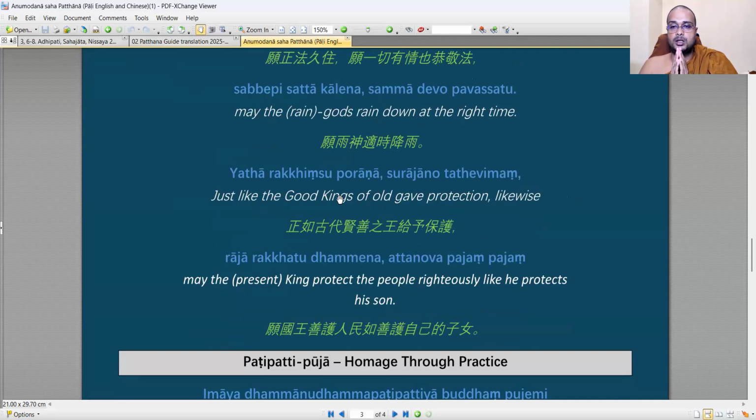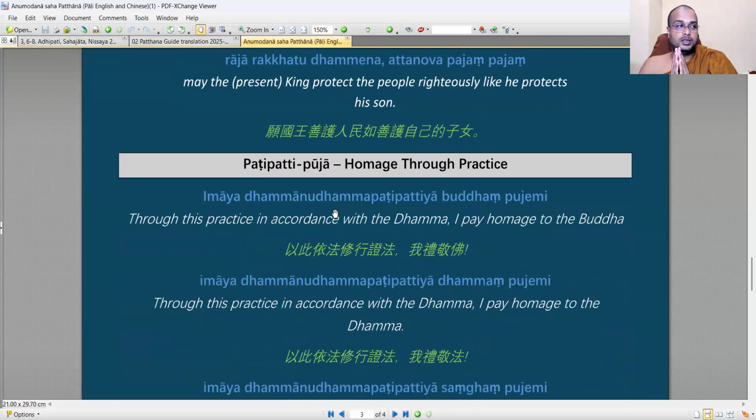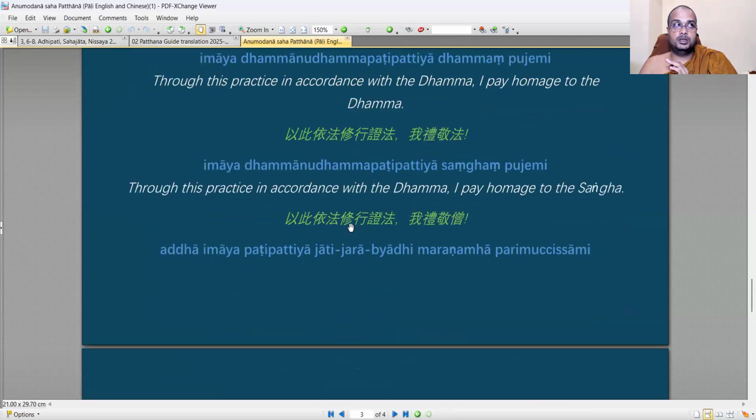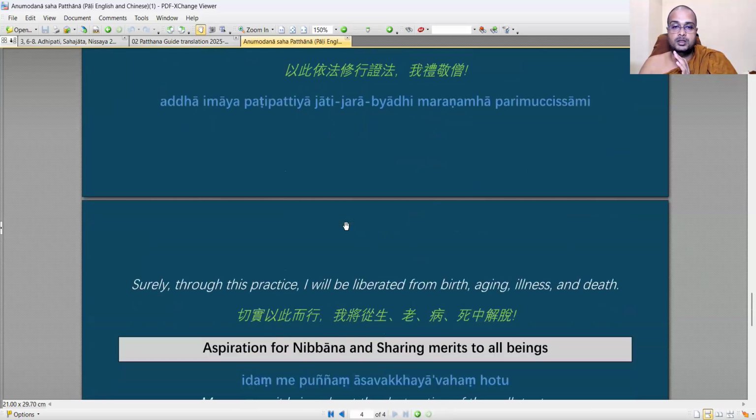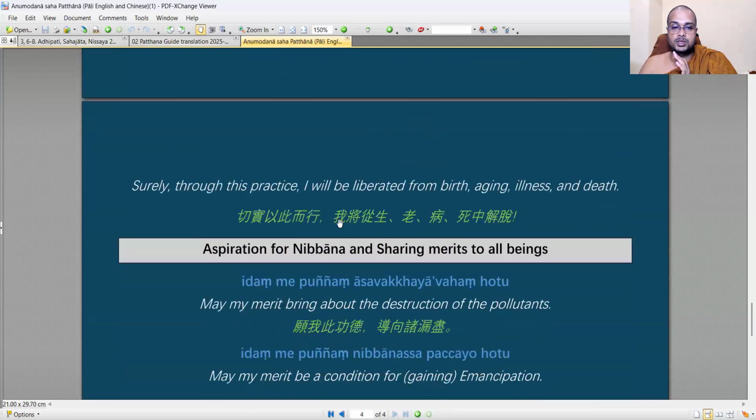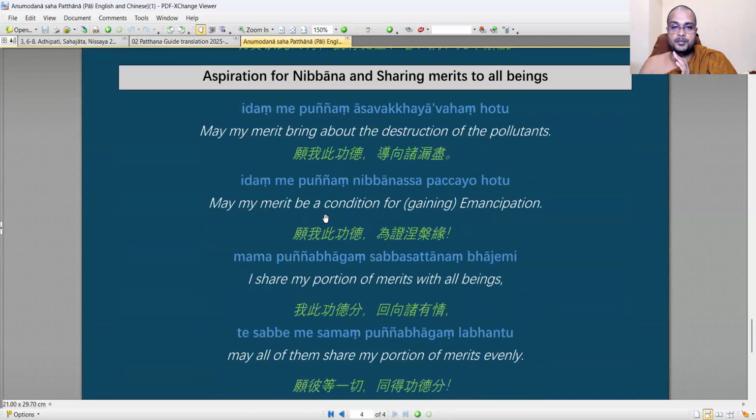Imaya dhammanu dhamma patipattiya buddhang pujemi, dhammang pujemi, sanghang pujemi. Addha imaya patipattiya jati jara vyadhi maranam ha parimuccissami.